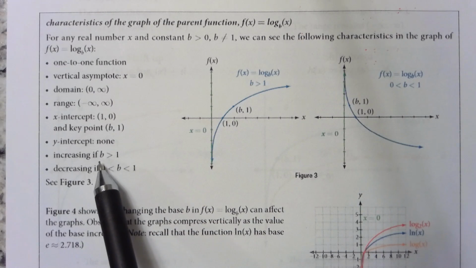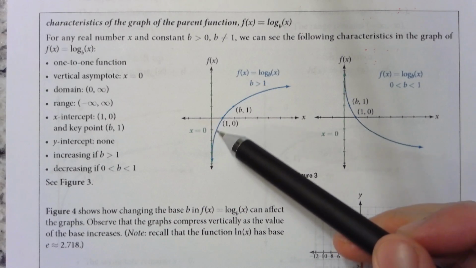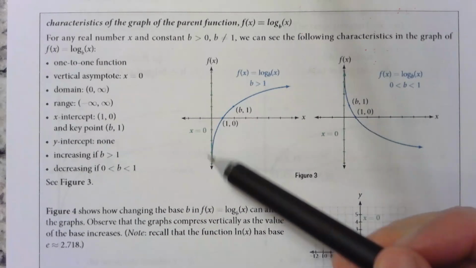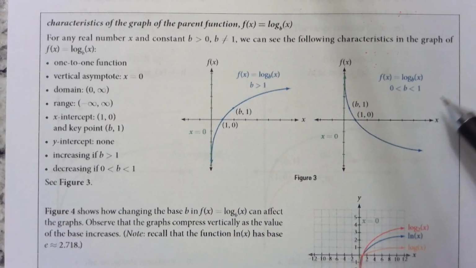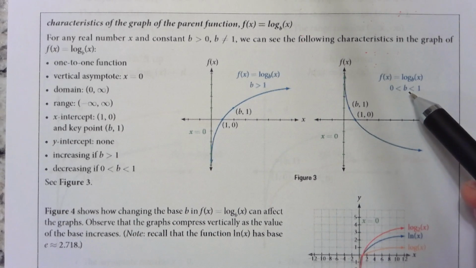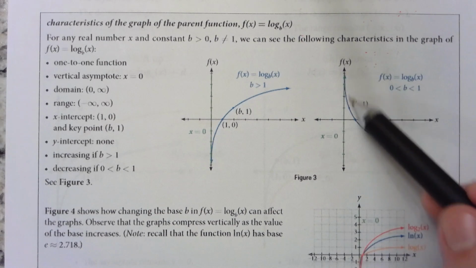Your function is increasing if your base is greater than 1. This is an increasing function. If your base is between 0 and 1, say maybe b is a half, it is a decreasing function.